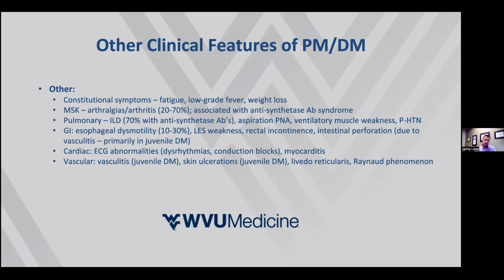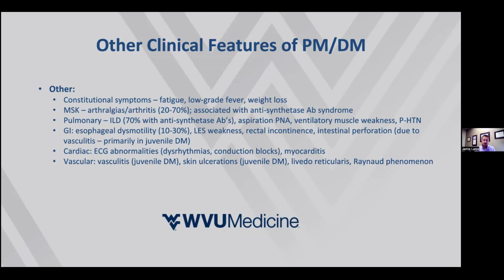We mentioned the potential for interstitial lung disease, especially in those antisynthetase groups, but anybody who may have muscle involvement can be at risk again for things like aspiration pneumonia or just ventilatory muscle weakness, which again would be one of the more severe presentations. There can be GI involvement, essentially from the mouth all the way down through the GI tract. So sphincters can be involved.